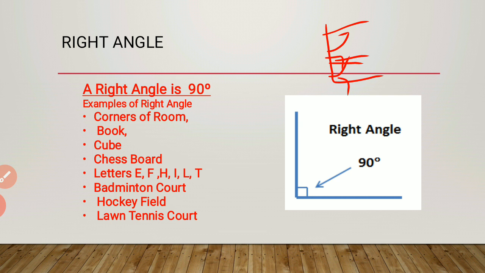And your windows, your bed, and many other things, like a table, also make 90 degree angles. Your chalk box, and so many items at your home or in your bag, you have to find them and make a list of things which make a 90 degree angle, that is a right angle.